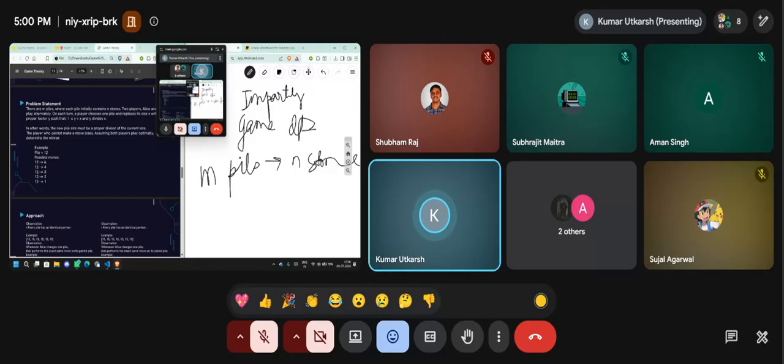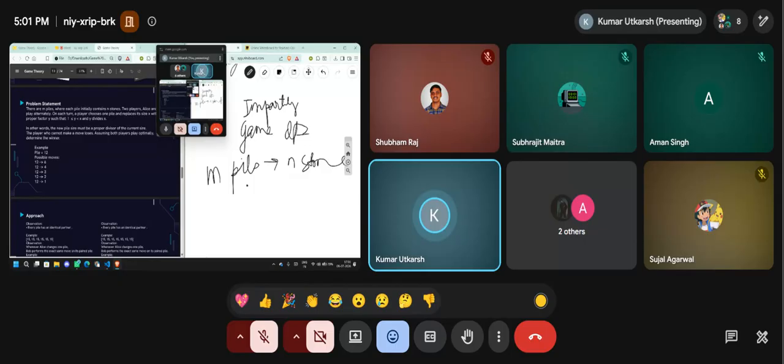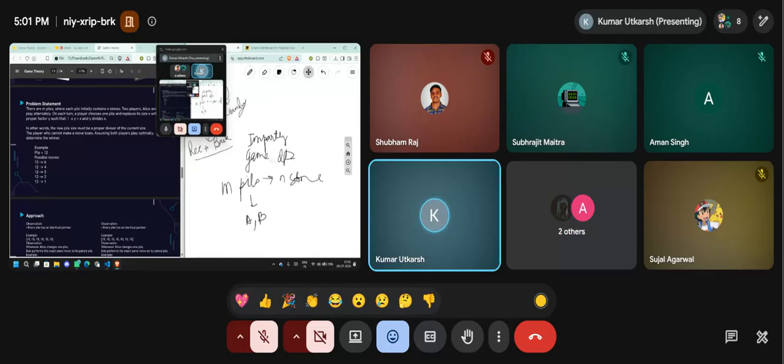Then there are two players playing the game, A and B. Think of n piles numbered 1, 2, 3 until n, with some heights like this.